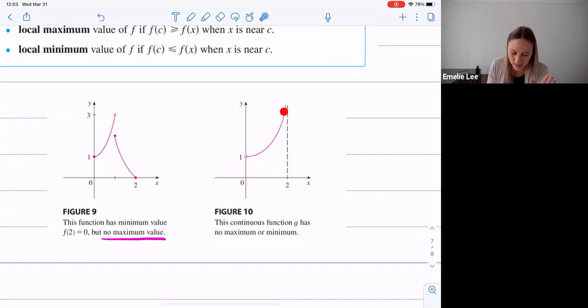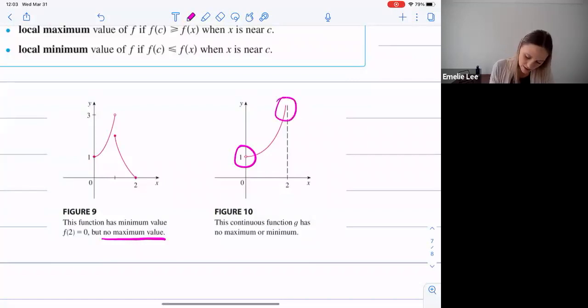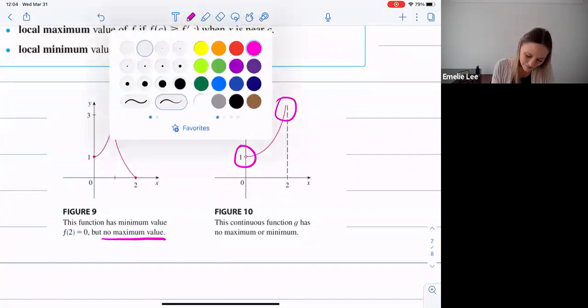And then with this vertical asymptote here, again, it's going to be approaching that vertical asymptote, but it never actually gets to that vertical asymptote. And so here, there's no maximum or minimum, right? Because it doesn't exist at x equals 0. And again, it doesn't exist at the vertical asymptote.